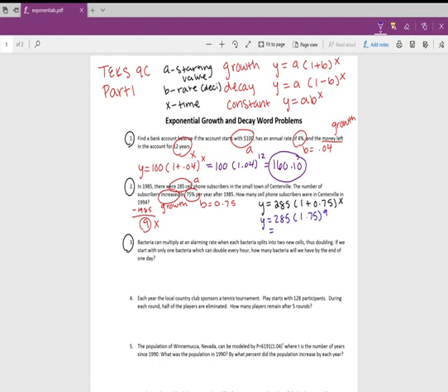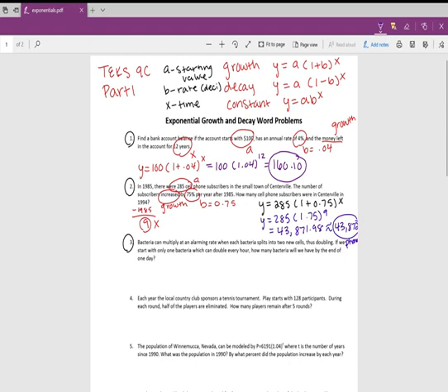Okay, we're talking about objects, we're talking about phones. So this is going to give us 43,871.98, and it keeps going with all these decimals. So this is approximately 43,872 phones.